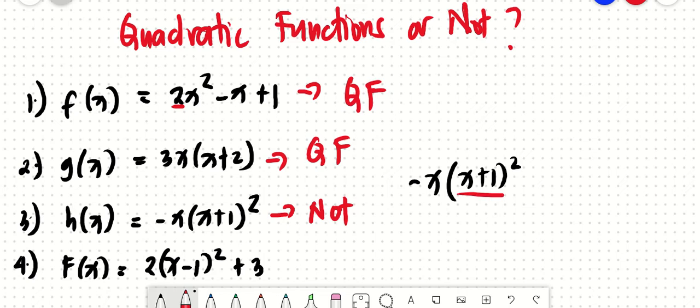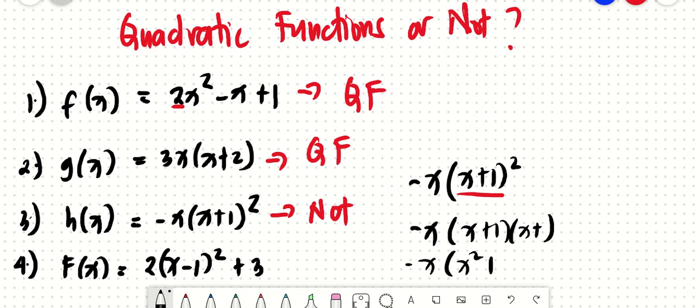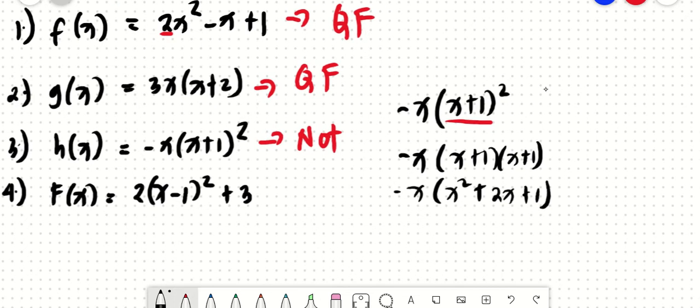Just simply write down negative x and then expand x plus 1 times x plus 1. The result is x squared plus 2x plus 1, right? Tama?